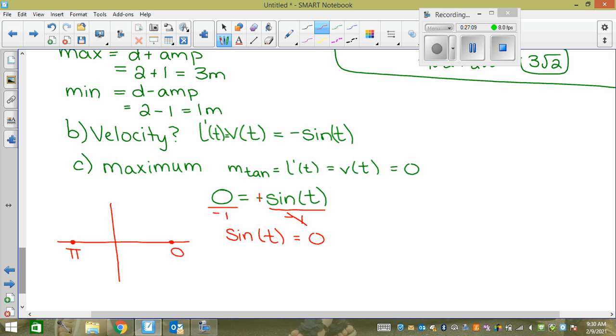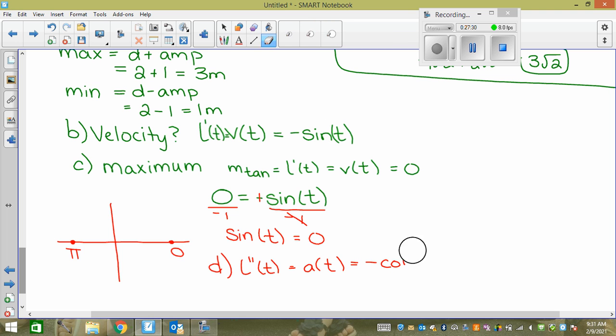The acceleration of the object. What's acceleration? Second derivative. So it's L double prime of t, right? Equals a of t. So if this is negative sine, it's actually going to be negative cos t.